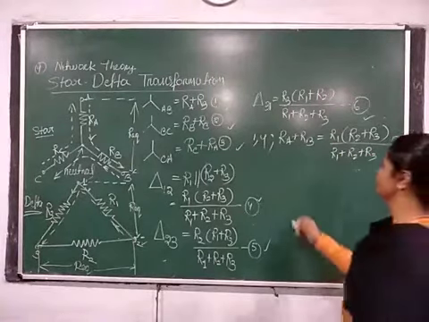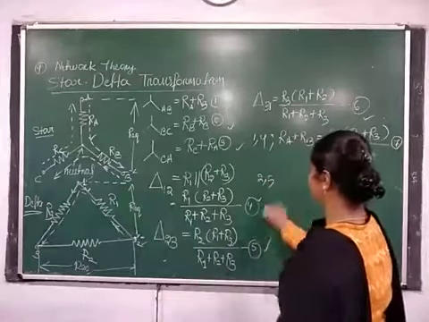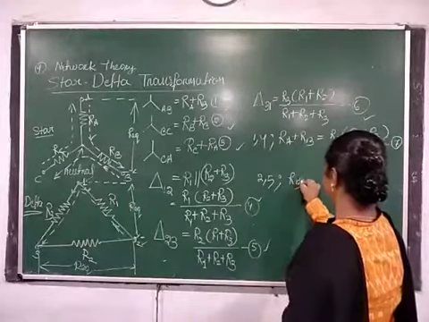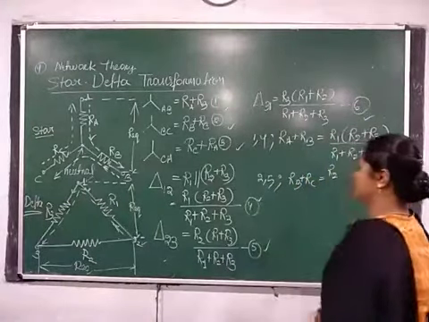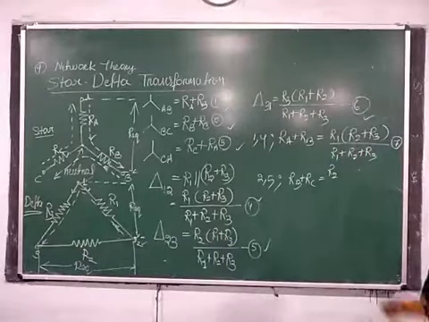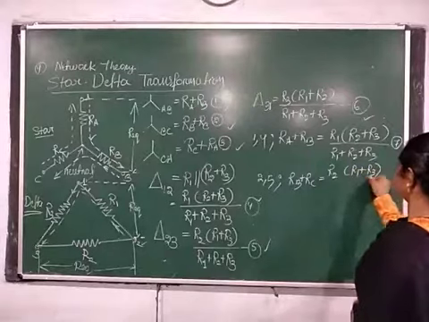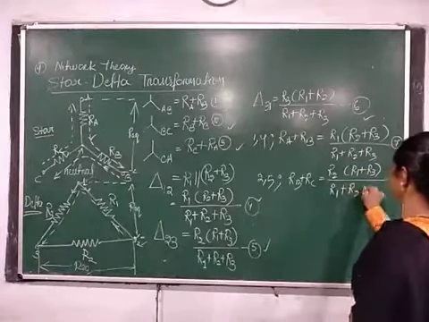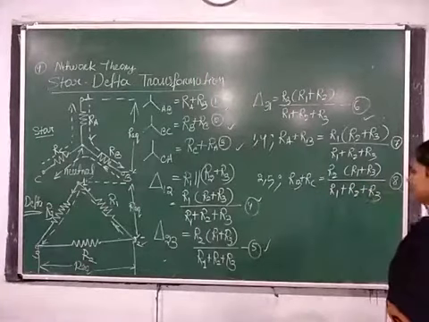Then equate equation 2 with equation 5. I get RB plus RC is equal to this; take it as equation 8.